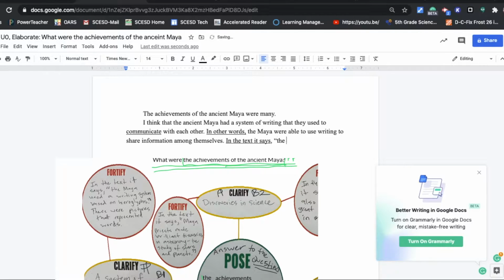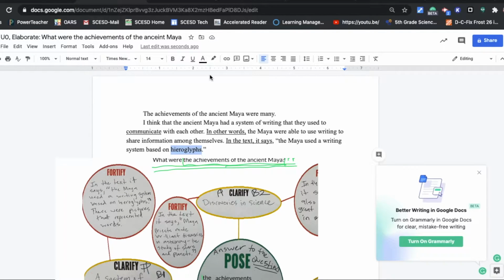In the text it says the Maya used a writing system based on hieroglyphs. Okay. Well, not everybody. We're using domain-specific vocabulary, hieroglyphs.